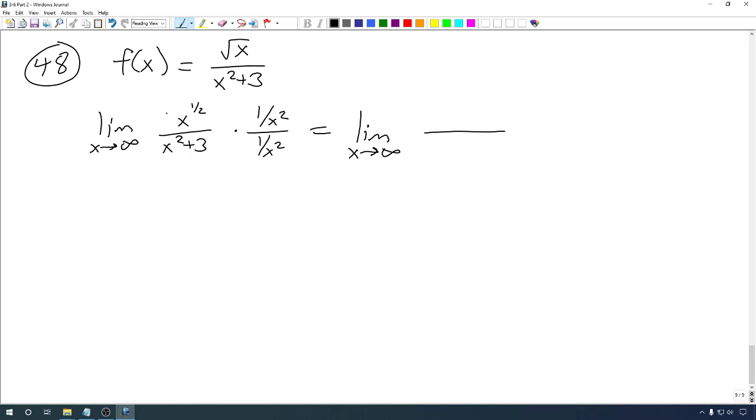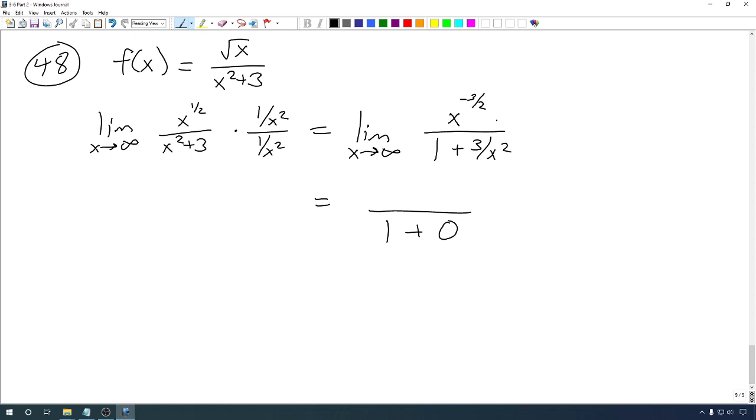On the top, remember, x to the 1/2 power divided by x squared, we subtract our exponents. 1/2 minus 2 is a negative 3/2. So our power of x on top is a negative 3/2. On the bottom, the x squared divided by x squared is a 1. And then we're left with a 3 over x squared for the other term. And the point here is once we take the limit as x goes to infinity, of course the 1 stays a 1. The 3 over x squared, we've already seen that kind of thing change to a 0.